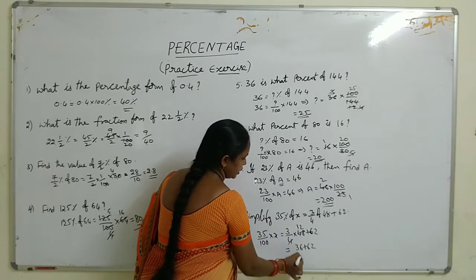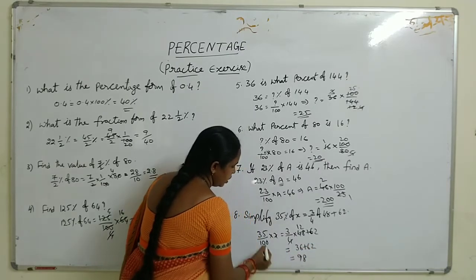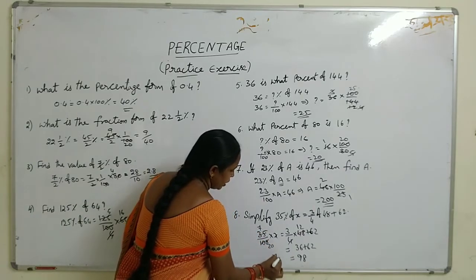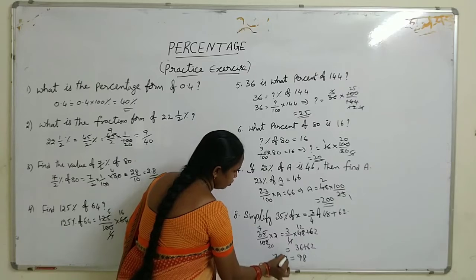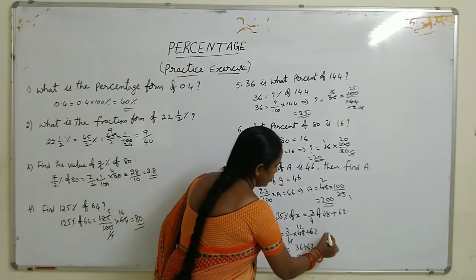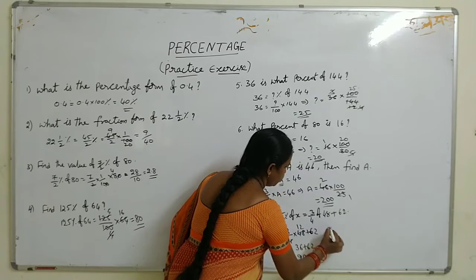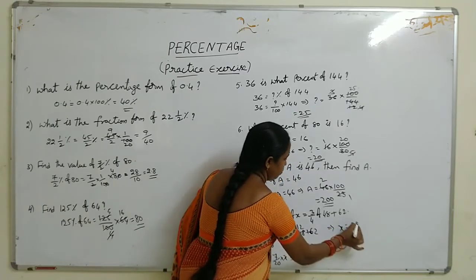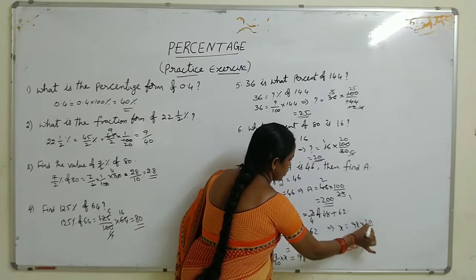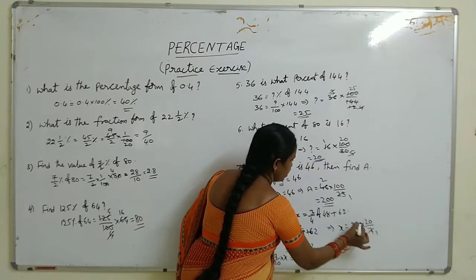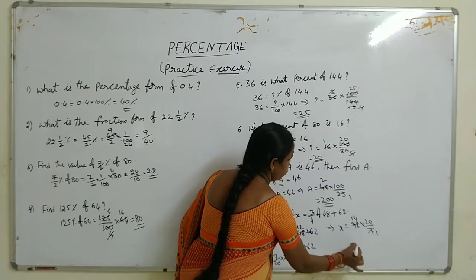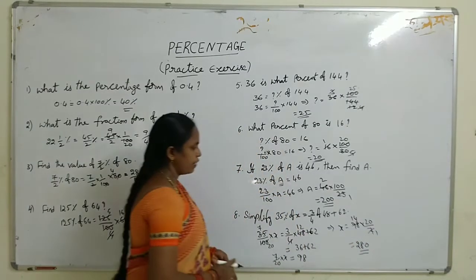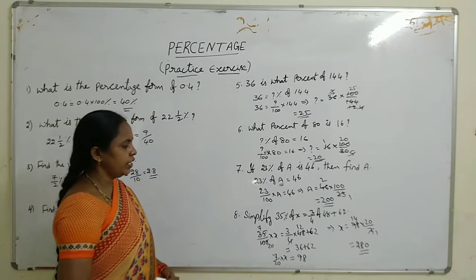That is 98. 5 sevens, 5 20s. 7 by 20 into x equals 98. Then x equals 98 into 20 by 7. 7 ones, 7 14s, 14 20s, 280. So the value of x equals 280.